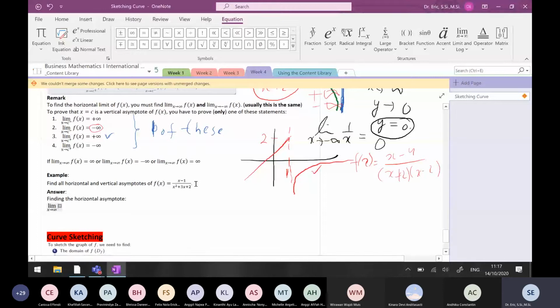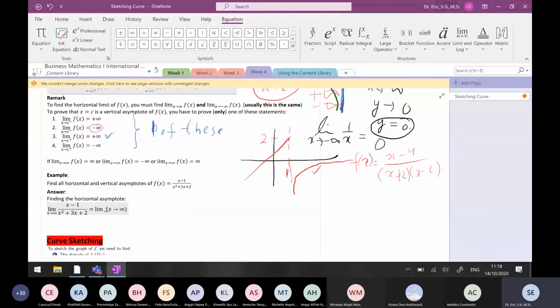This is x minus 1 over x squared plus 3x plus 2. So it will give you the limit as x goes to infinity.